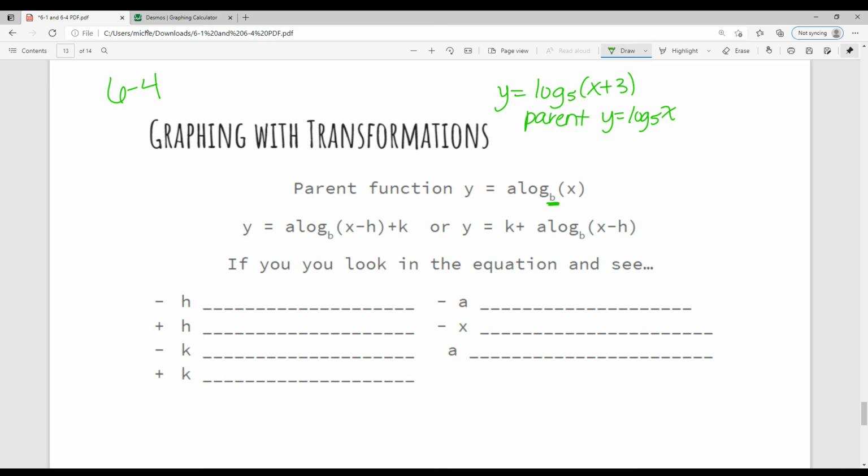So it works the same way. We're going to be looking for adding or subtracting inside grouping symbols, adding or subtracting outside grouping symbols, and then this a in front. So if you look at the equation and you see a negative h, that means you're going to shift that log function to the right. Positive h, you'll shift that log function to the left. Negative k down, positive k up. Negative a, reflect across the x-axis.